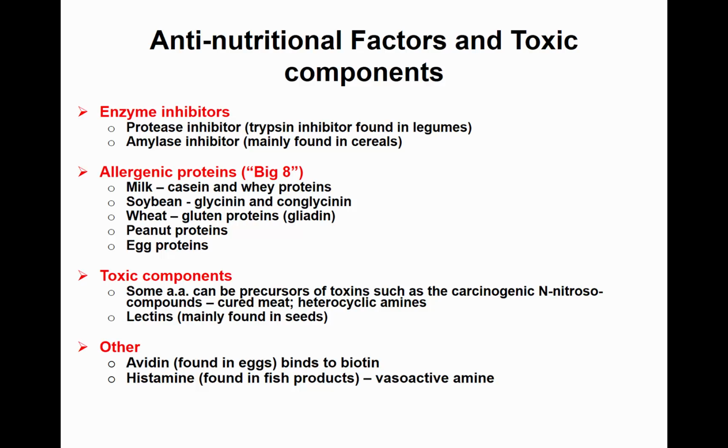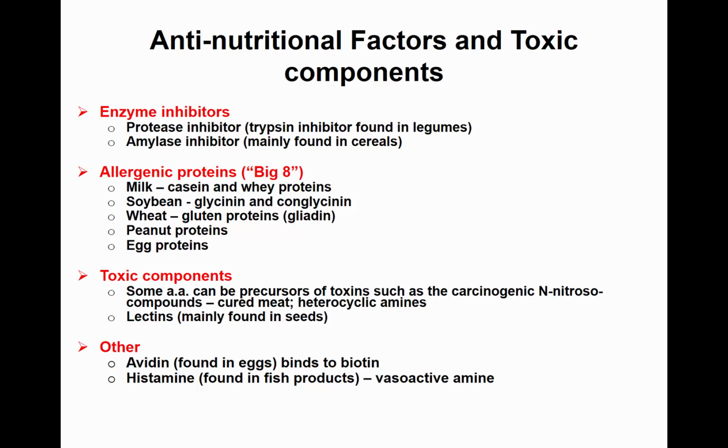Histamine is found in fish, or old fish actually, because histidine, which is an amino acid, can undergo decarboxylation, loss of CO2, and then the histidine becomes histamine. And there's also tyramine. Tyrosine, another amino acid, can become tyramine under the same reaction.